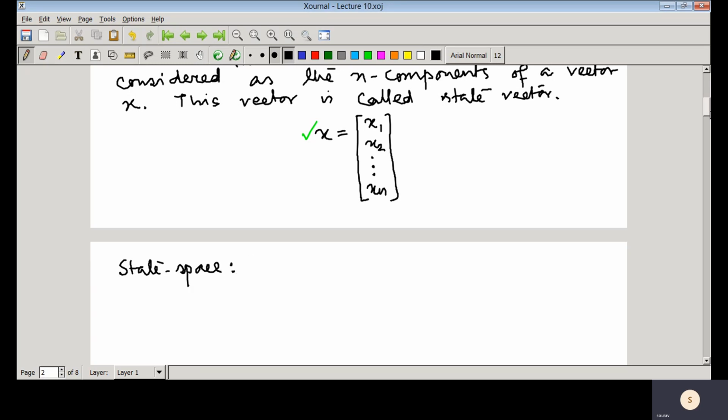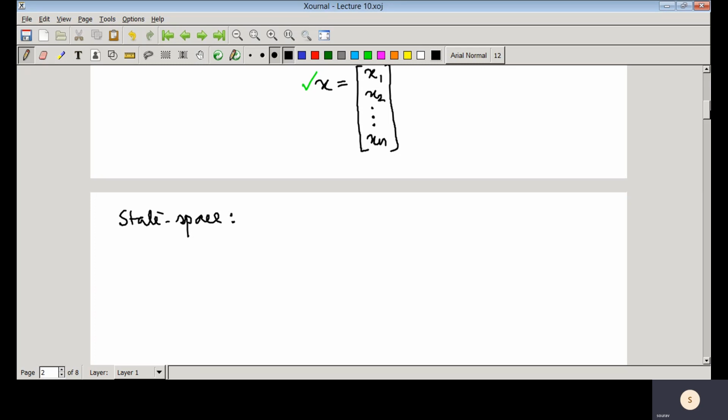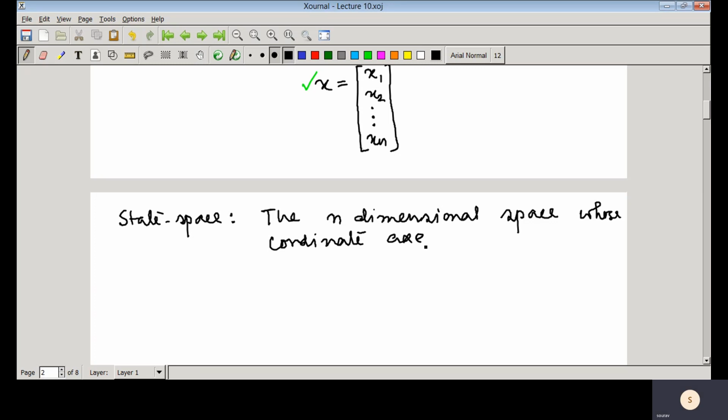The n-dimensional space. So that means in case of n number of state variables, the n-dimensional space whose coordinate axes are x1 axis.